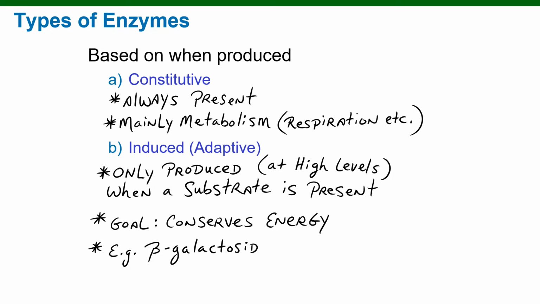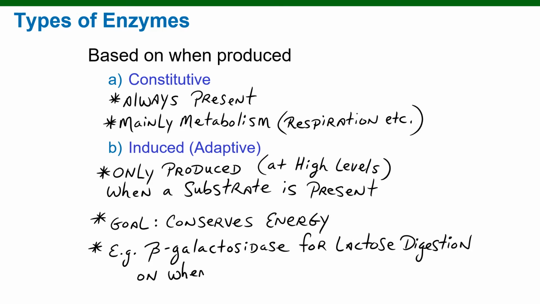And so beta-galactosidase would only be produced for lactose digestion when lactose is present, which may not be continuously present in a bacterium's environment.